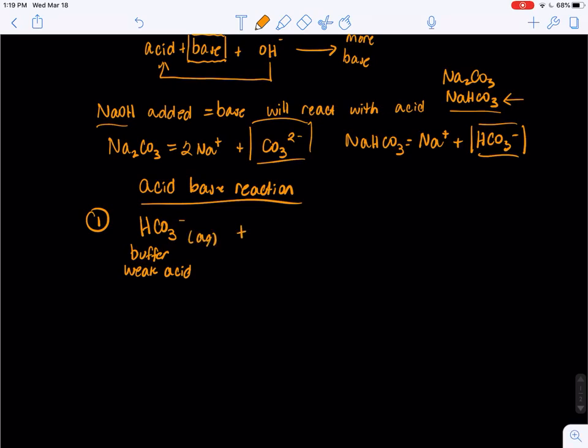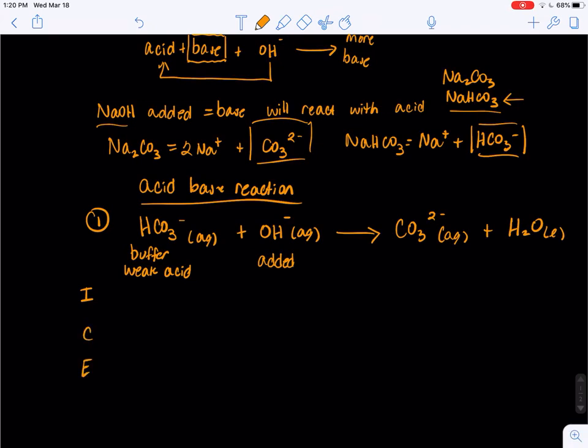And it's going to react with hydroxide ion, which is being added from sodium hydroxide. Okay, so we don't need to worry about the Na of the NaOH. And this will give us, I'll just use a one-way arrow, the conjugate base, carbonate, and liquid water. Okay, and we just chart down here the initial change in equilibrium.